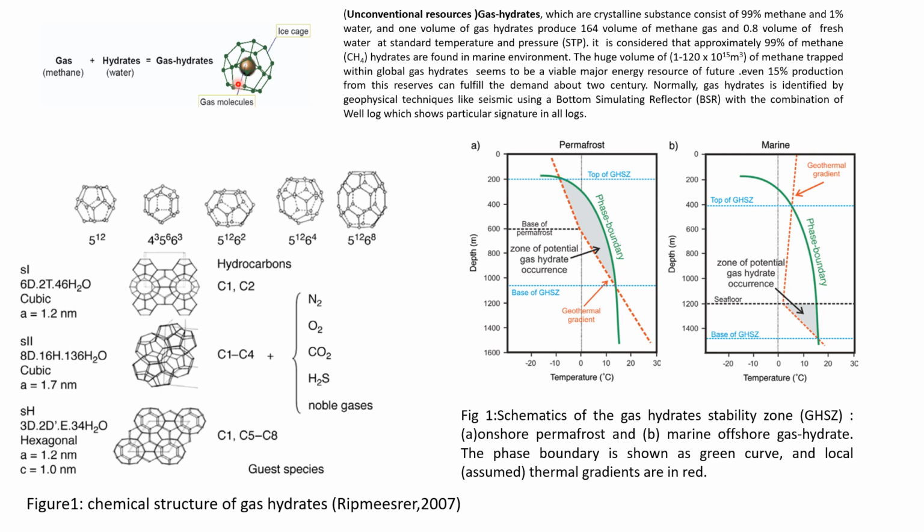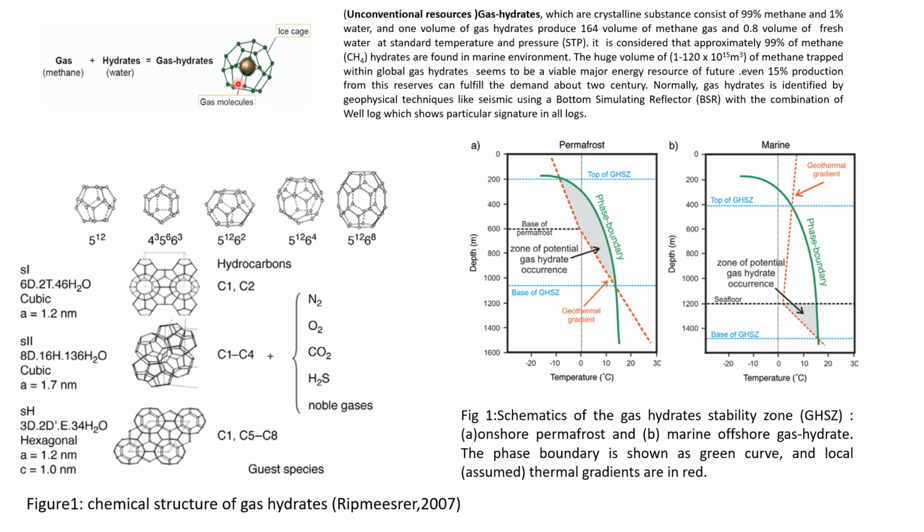Large reserves of gas hydrate have been found all over the world. We have seen that in India as well as in different parts of the world, different amounts of gas hydrates have been found at different locations.